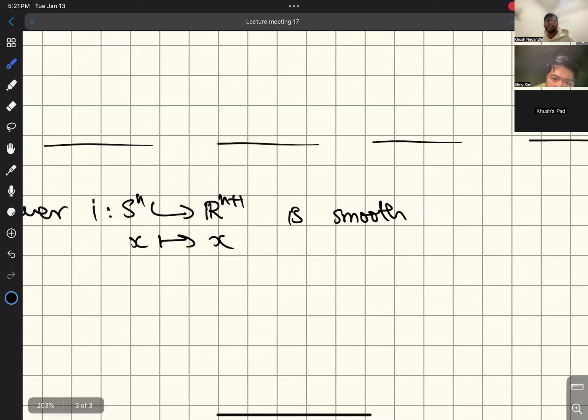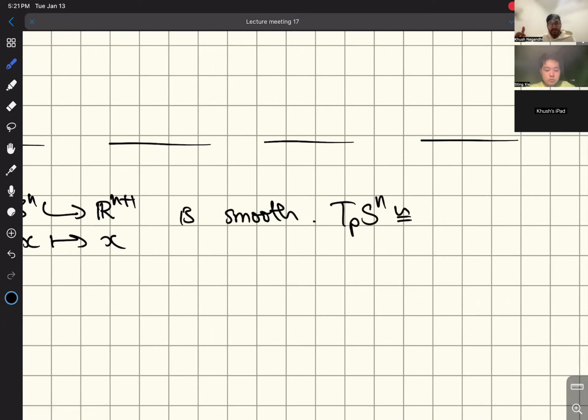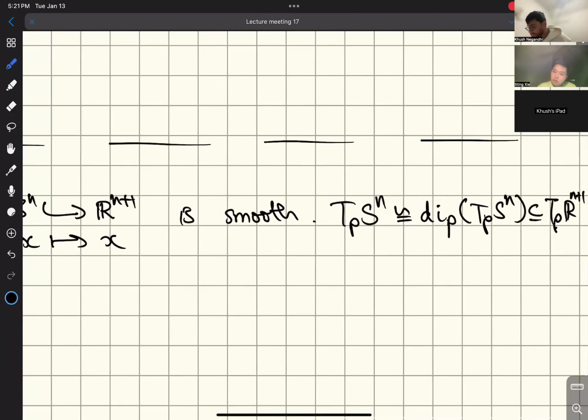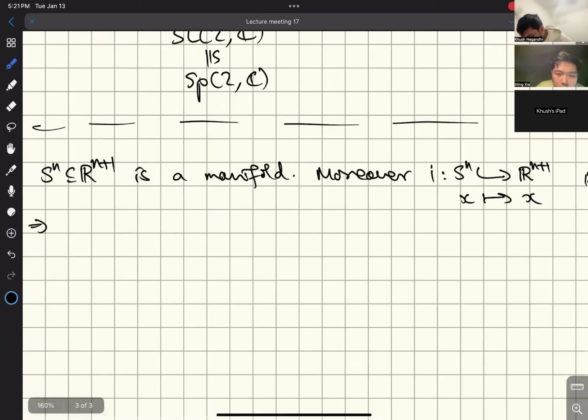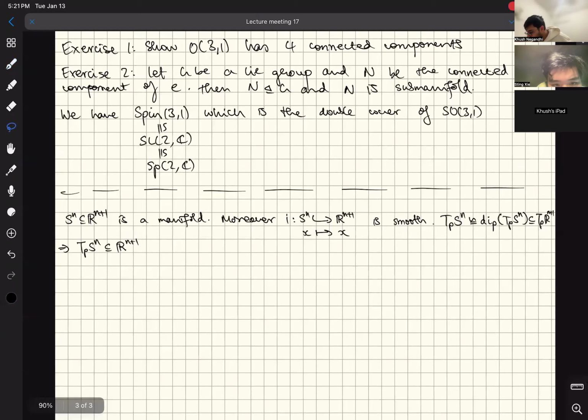It's clearly smooth because it's a restriction of the identity. So we can look at the image of the tangent space sitting inside the tangent space of R^(n+1). So we can look at the tangent space of S^n to just be a subset of R^(n+1). That's the main idea that I'm going for.